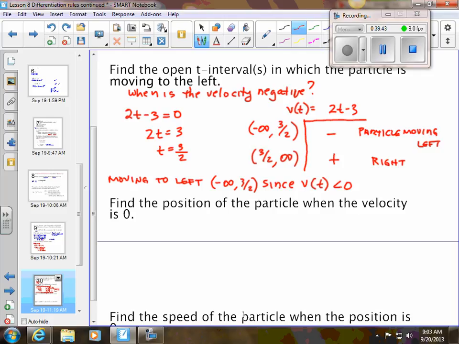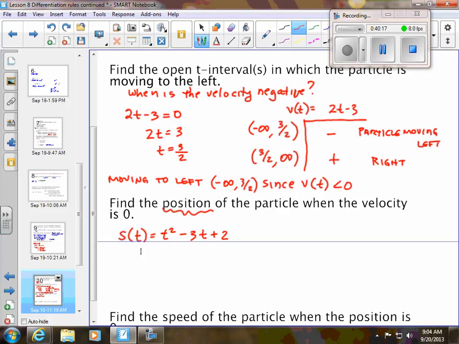Okay? Next, find the position of the particle when the velocity is 0. What do we use to find the position of the particle? The position formula. And what was the position formula that we were given? Okay?